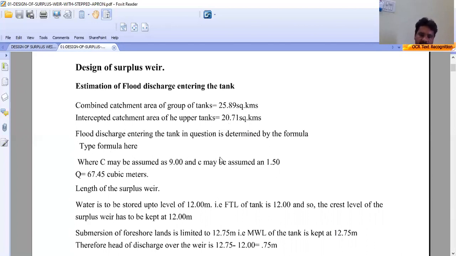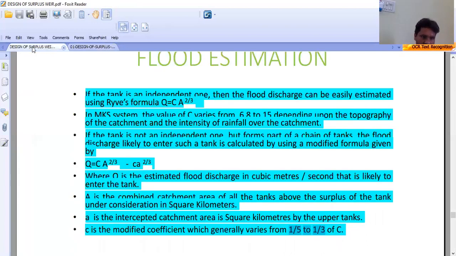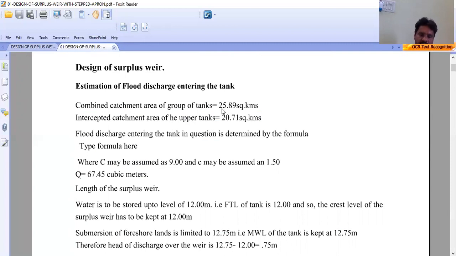There is a list given, so we need not go into that. If it is more than 25, you can assume capital C is 9. So small c may be one fifth or one third, right? So capital C by 5, 9 by 5 is nothing but 1.8, or 9 by 3 is 3, because small c is equal to one fifth or one third. So you can average it, no problem, 1.5.